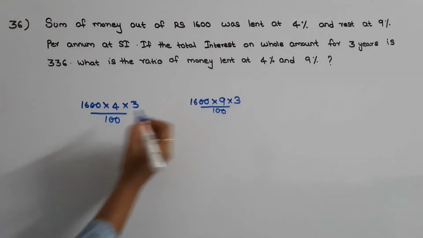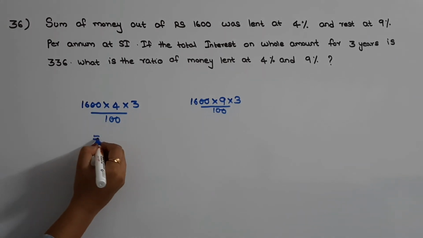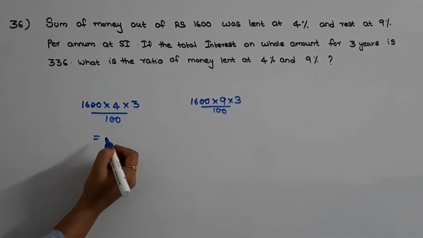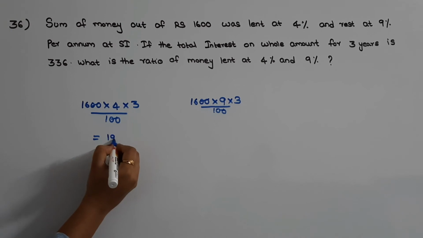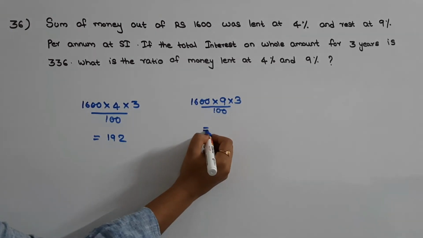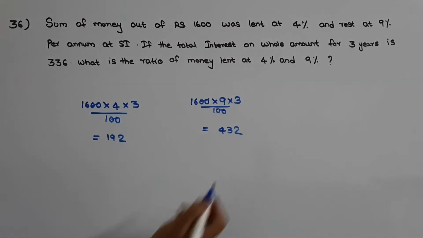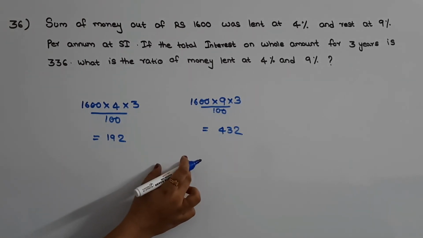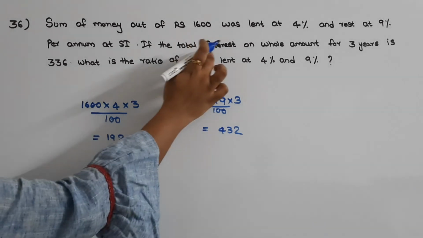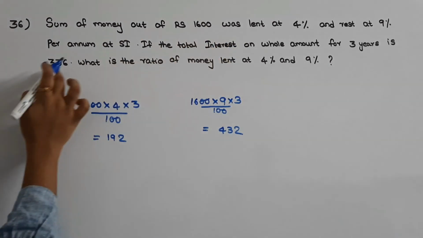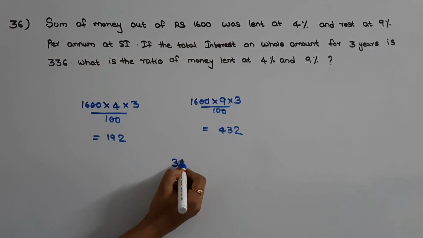On solving this you will get it as 192 and on solving this you will get the answer as 432. Now in the middle you need to write the total interest. The total interest is given as 336.